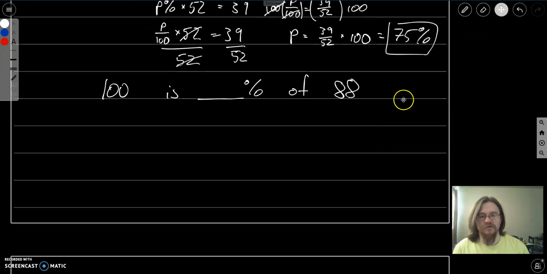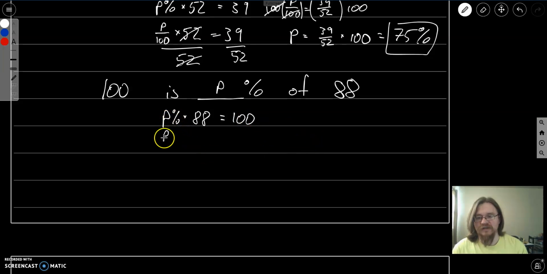Let's go through one or two more. So we've got 100 is some percent, let's say p percent of 88. So p percent of 88 is just p percent times 88, and we should get 100. Well, p percent, that's p divided by 100 times 88 is equal to 100.